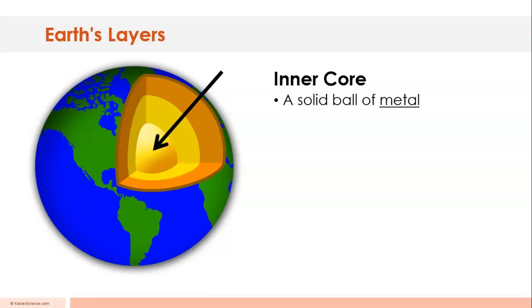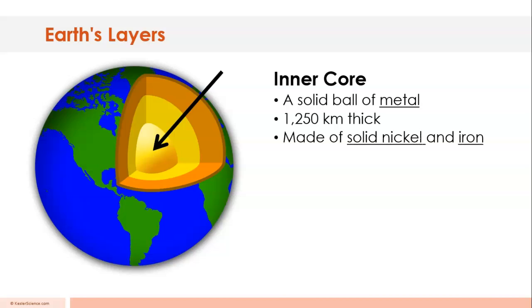Solid, no longer liquid, which seems a little crazy, considering how hot you're going to see it is in just a moment. But it's about 1,250 kilometers thick from one side of this metal ball to the other. Again, it is a solid ball of metal, and the metals are mostly nickel and iron.